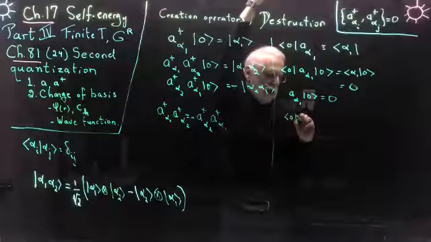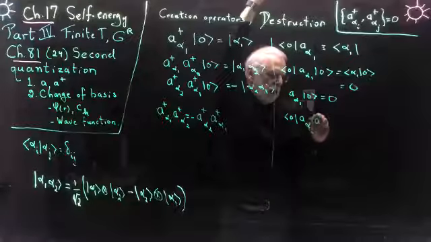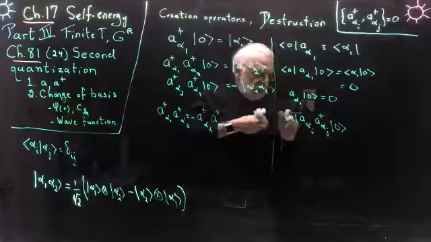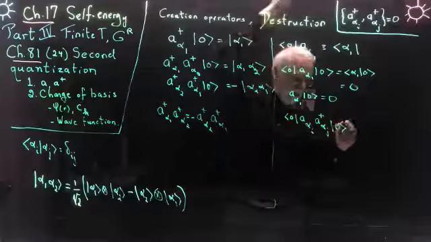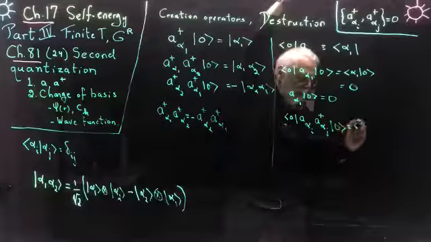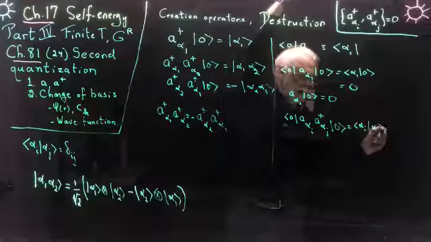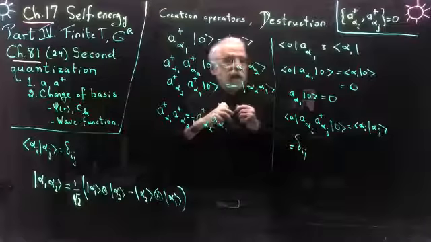Now, what happens if I take ⟨0|A(alpha I) A dagger(alpha J) acting on |0⟩? This will give me ⟨alpha I|alpha J⟩. So this is equal to delta IJ. Okay.